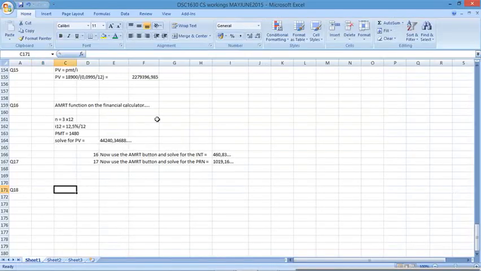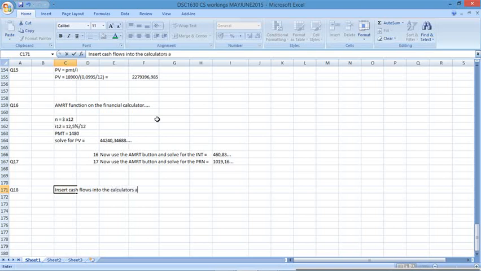Okay, so this is insert cash flows, solve for IRR. Okay, it's as simple as that. Just remember to use your cash flow function correctly. So you need to obviously consult your calculator in order to do that.